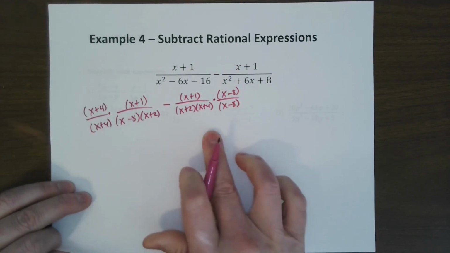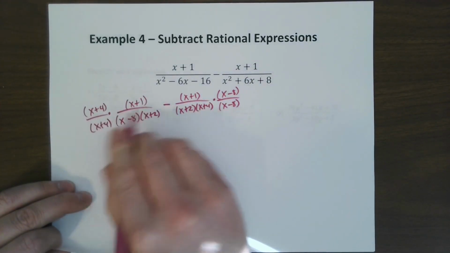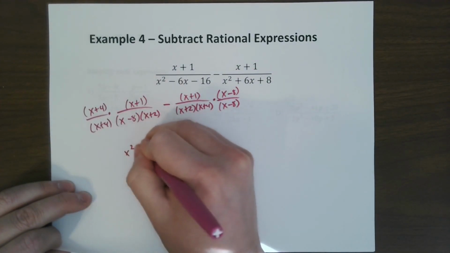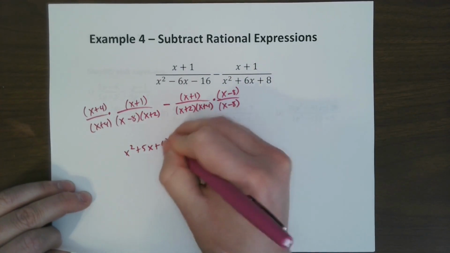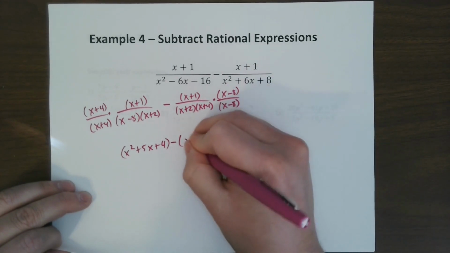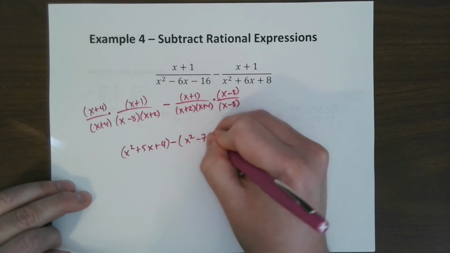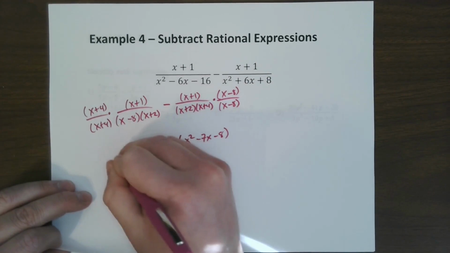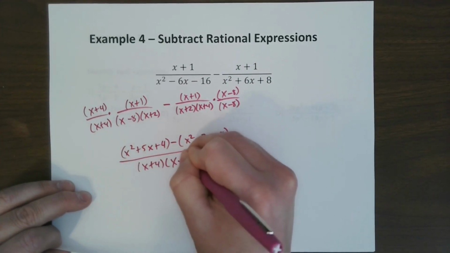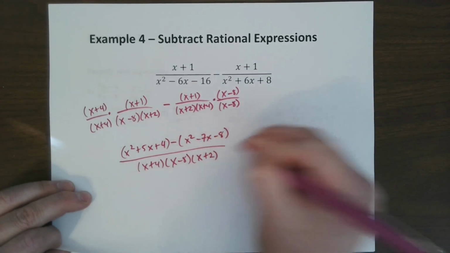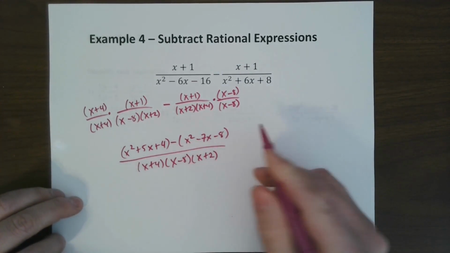And now we're going to combine like terms. So I'm going to multiply the top here. So x squared plus 5x plus 4 minus, I'll write this in parentheses, x squared minus 7x minus 8, all over x plus 4, x minus 8, x plus 2. And now we're going to distribute and subtract.